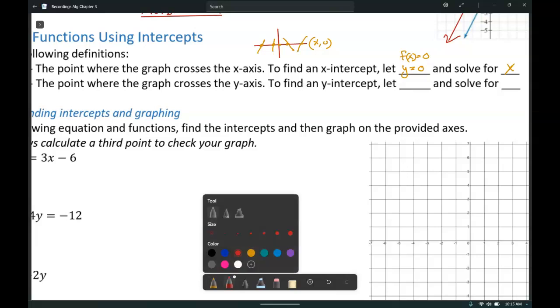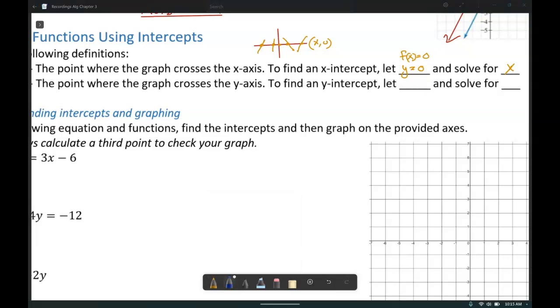Conversely, every y-intercept, no matter what the line is, has the same feature, where all the x values are 0, regardless of the y value, because there's no horizontal movement on the x-axis. So to find a y-intercept, we let x equal 0, and we solve for y.